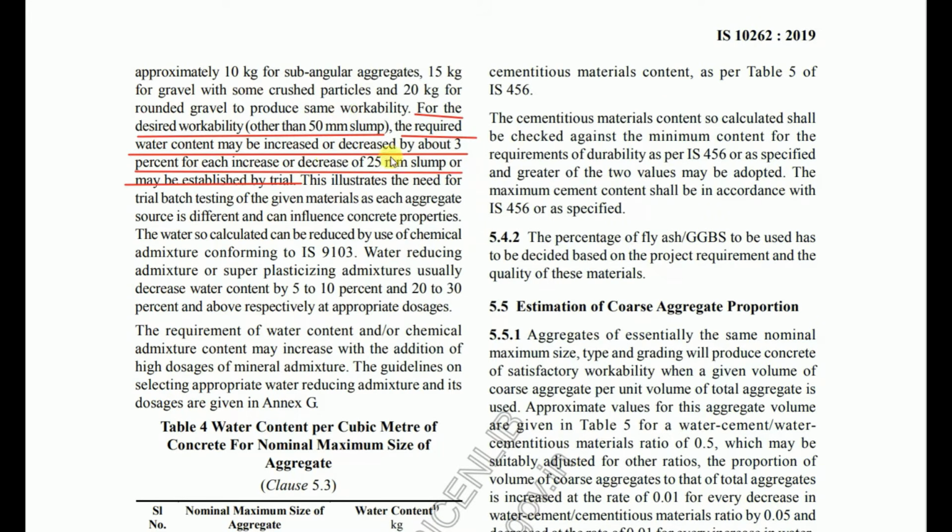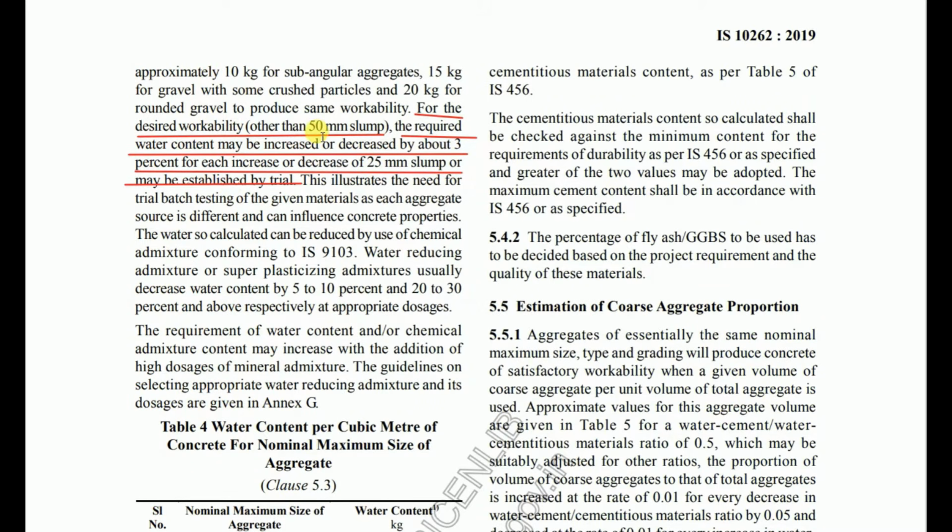So this we need to consider carefully. The water content whatever we have considered is for only 50 mm slump. If the slump is more than or less than 50 mm, we need to increase or decrease the water content by 3% for each 25 mm of increase or decrease in the slump.